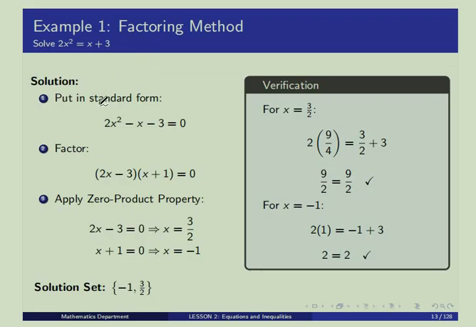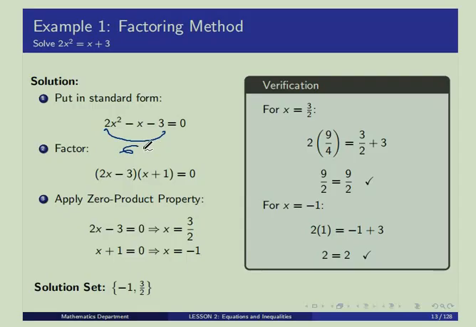So let's look at the first method, which is factoring. If you are given 2x squared minus x minus 3 equals 0 and you want to factor this, you will look at this and this. If you multiply these, 2 times minus 3 is minus 6.